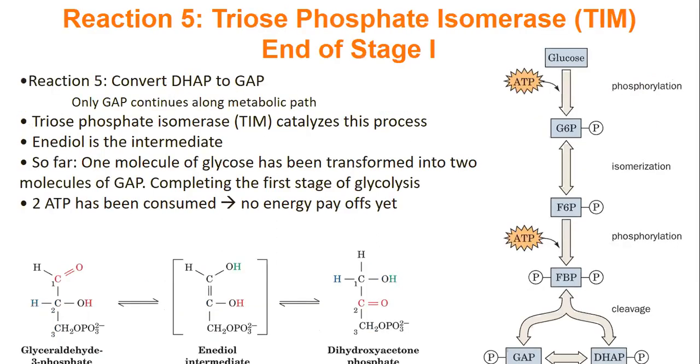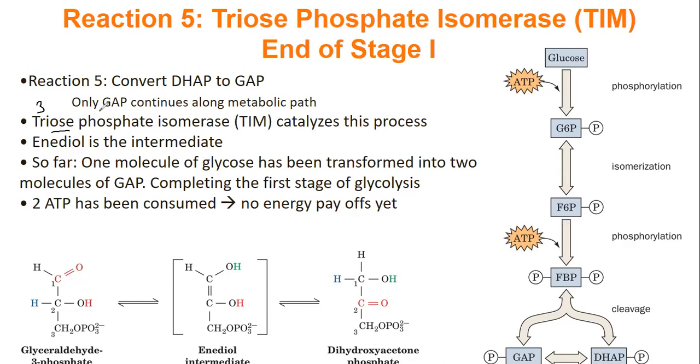All right, reaction 5. So we have DHAP and we have GAP, but our next reaction is simply converting our DHAP to GAP. This is done by TIM, triose phosphate isomerase. Again, we can look at the words and figure out what this means. Triose, a 3-sugar.